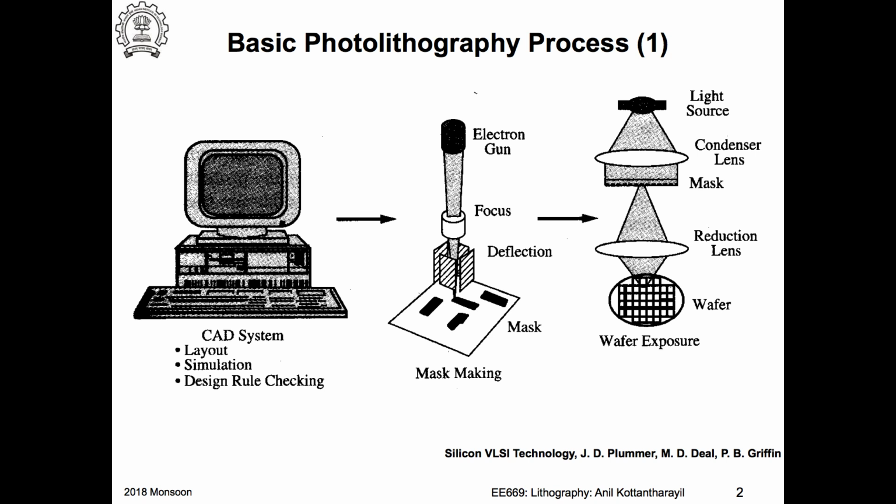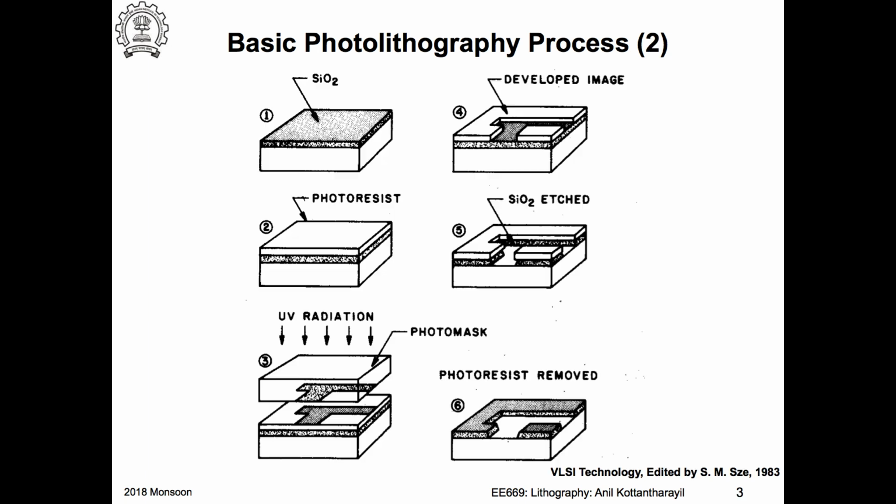The electron wavelength can be reduced by just accelerating the electrons. So they have higher energy, smaller wavelength. But here that's not possible, but the good thing here is that the throughput is very large.